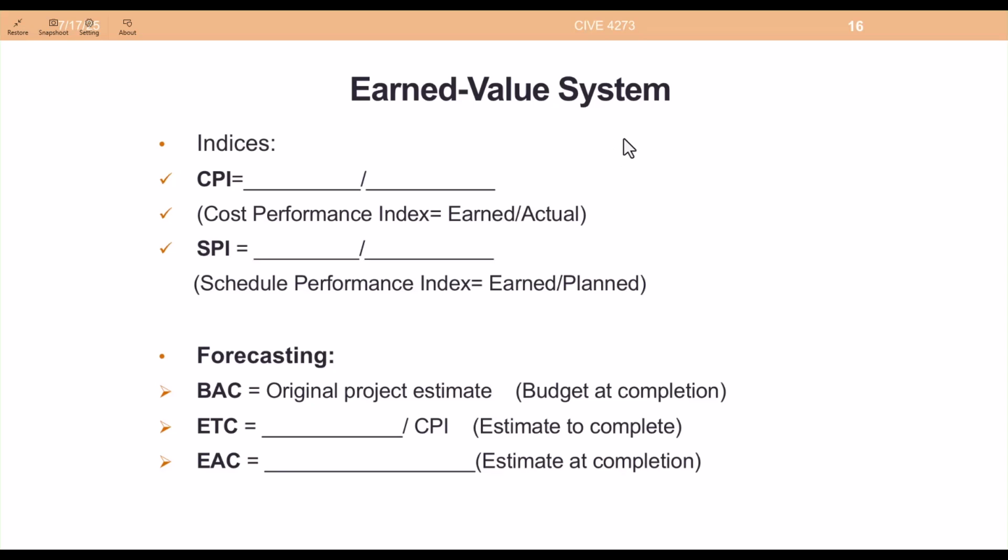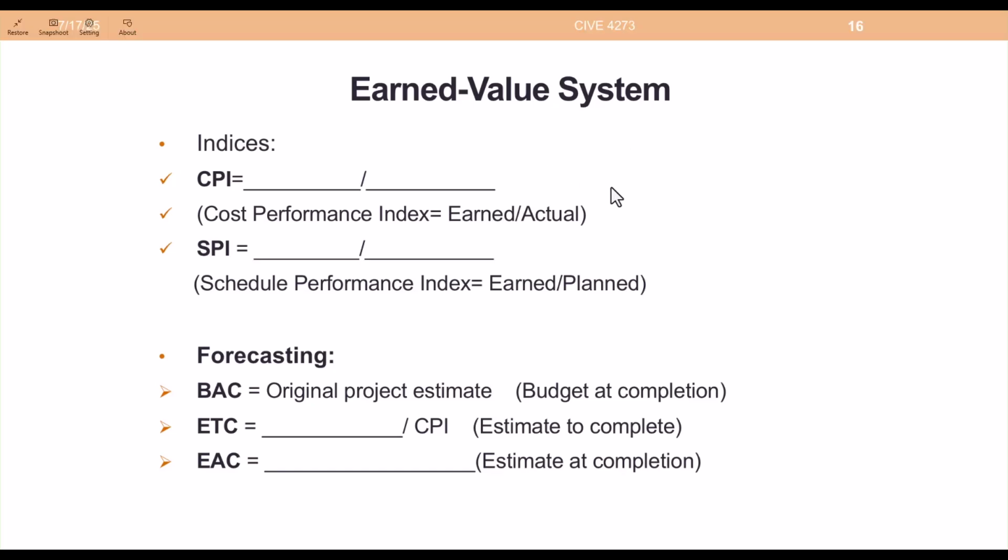For the schedule performance and cost performance, we can also express this into indices. So for the cost performance, we can express this as a cost performance index in addition to cost variance.